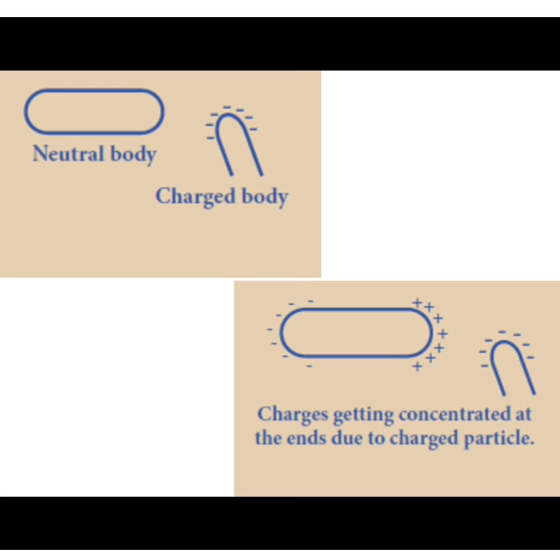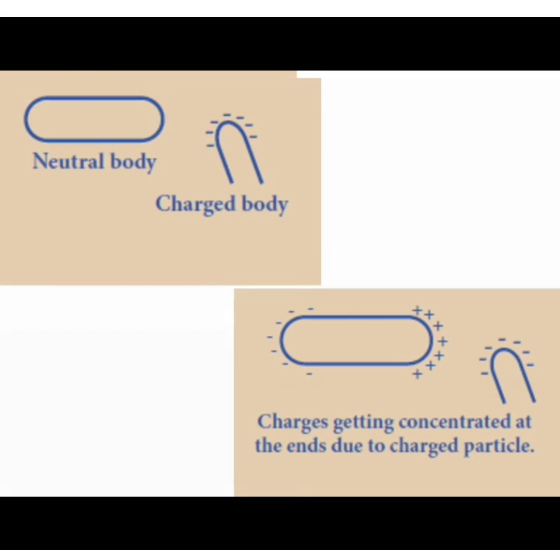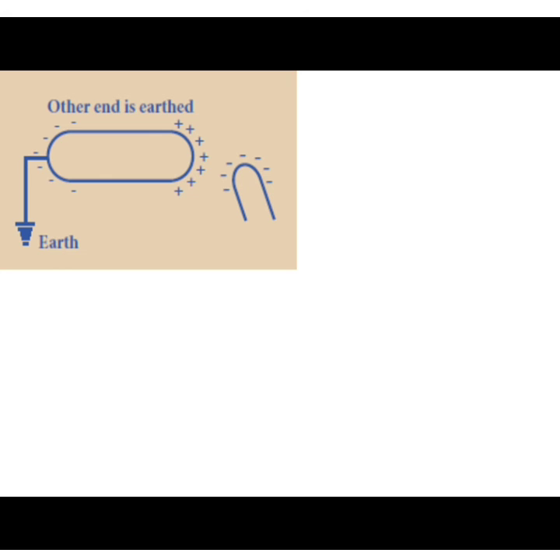When the neutral rod is grounded, the negative charges flow to the ground. The positive charges at the near end remain held due to attractive forces, and the excess electrons inside the metal become zero.